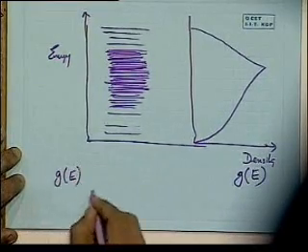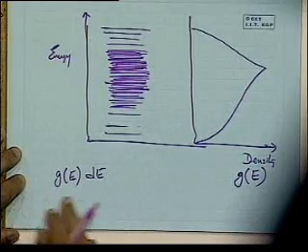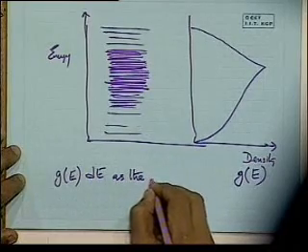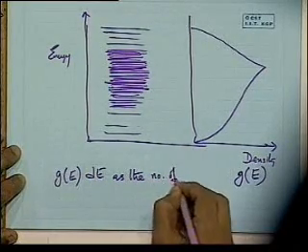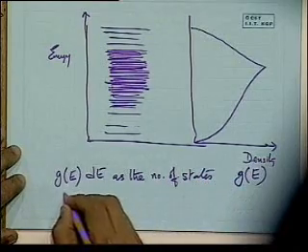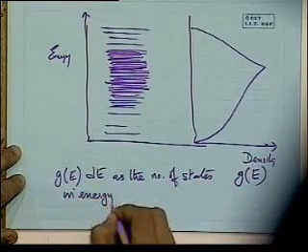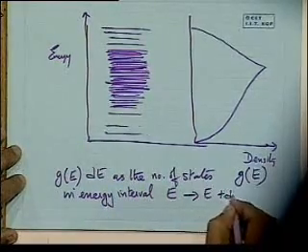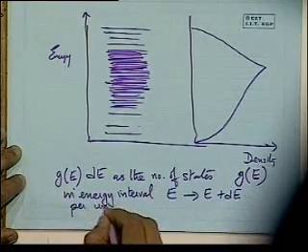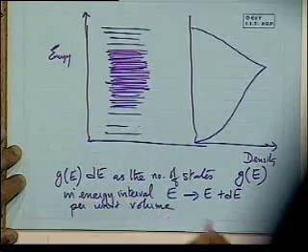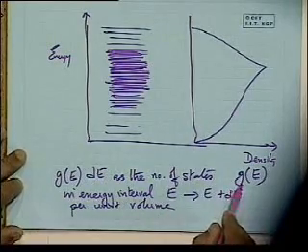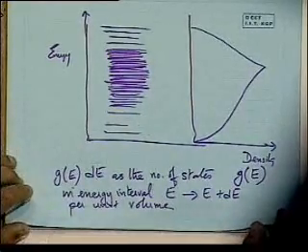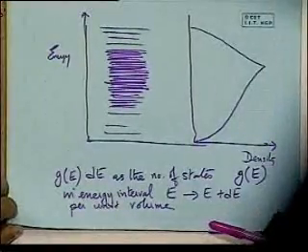G of E, when you multiply it with dE, is the number of states in the energy interval E to E plus dE, per unit volume. G of E itself was per unit energy, per unit volume. When we multiplied it by dE, we are talking of the number of states in that interval dE, between E and E plus dE.